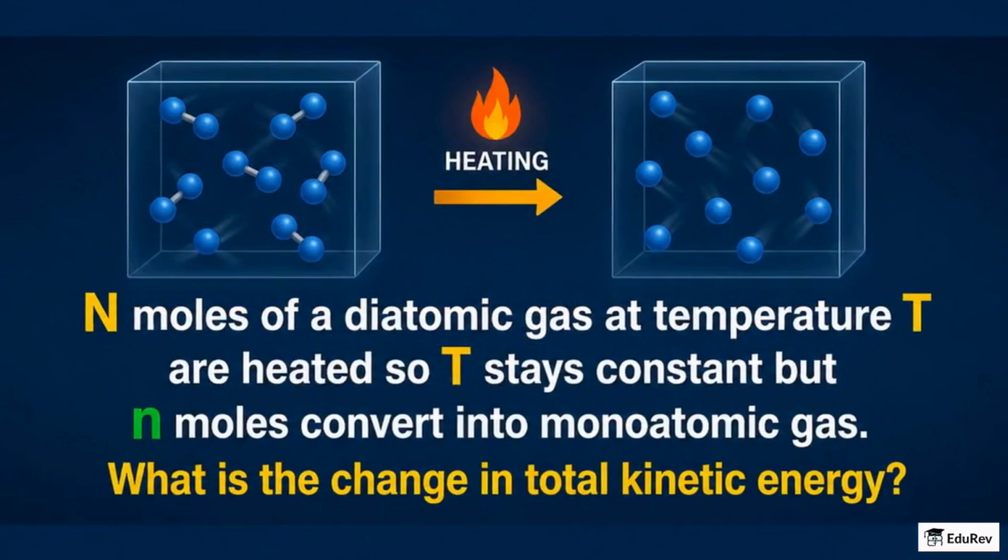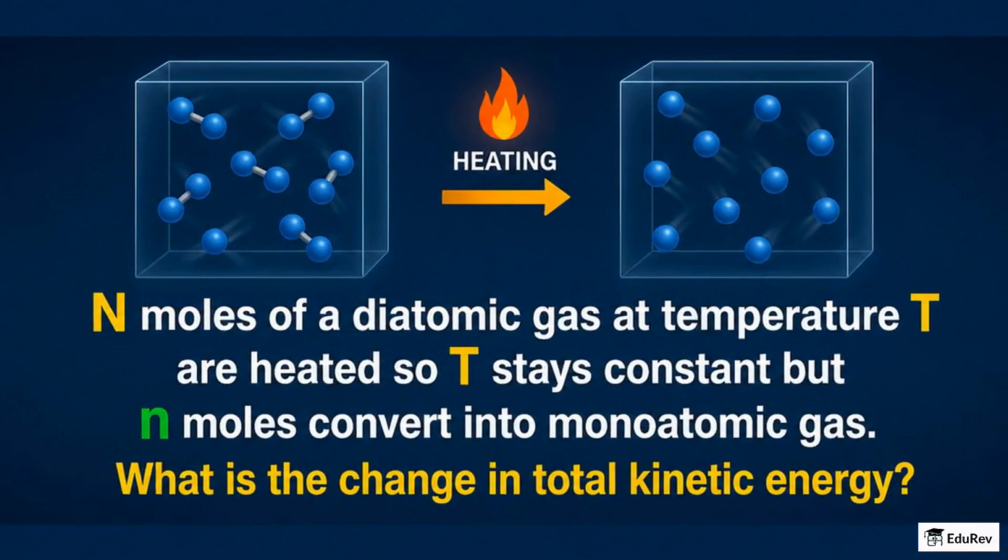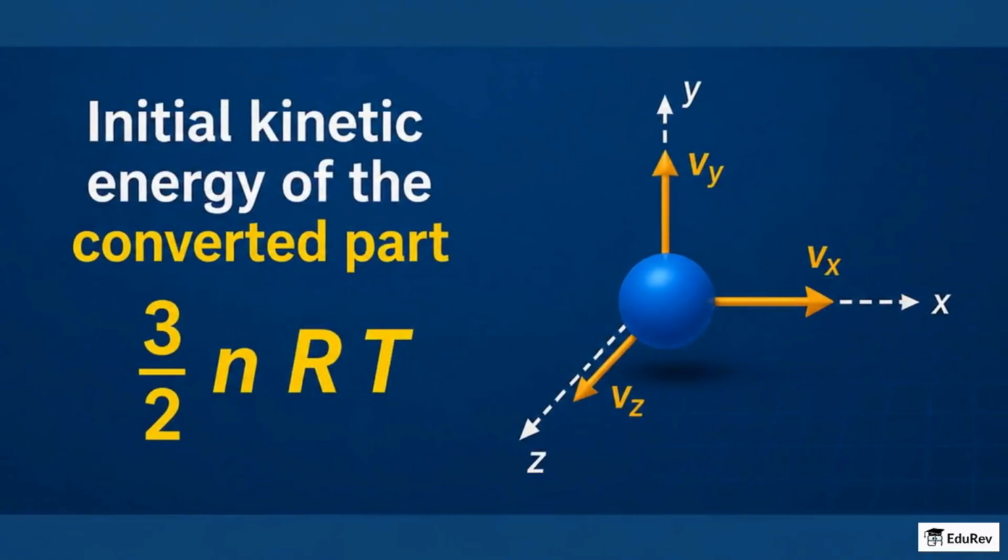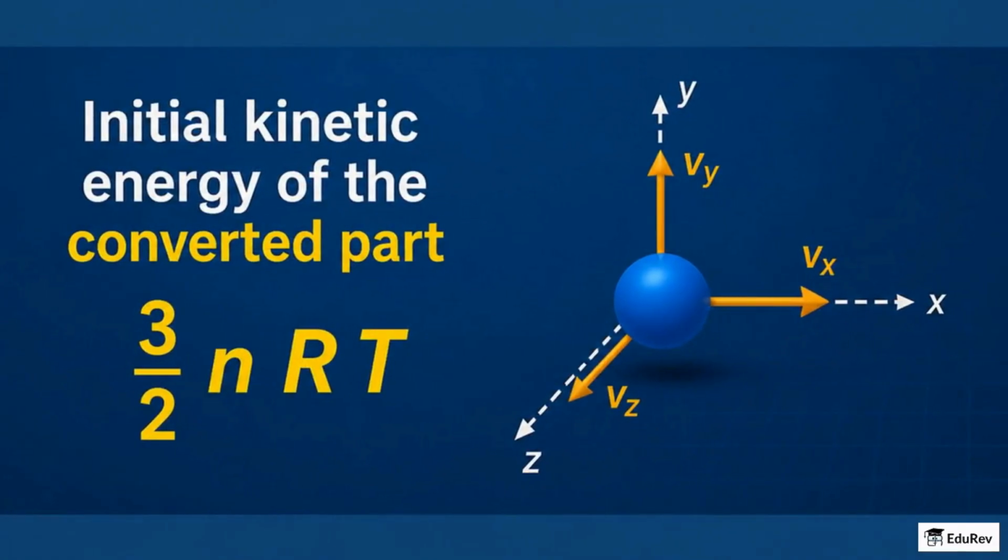N moles of a diatomic gas at temperature T are heated, so T stays constant, but N moles convert into monoatomic gas. What is the change in total kinetic energy? Start with the initial kinetic energy for the converted part, written as 3 divided by 2 times N RT.